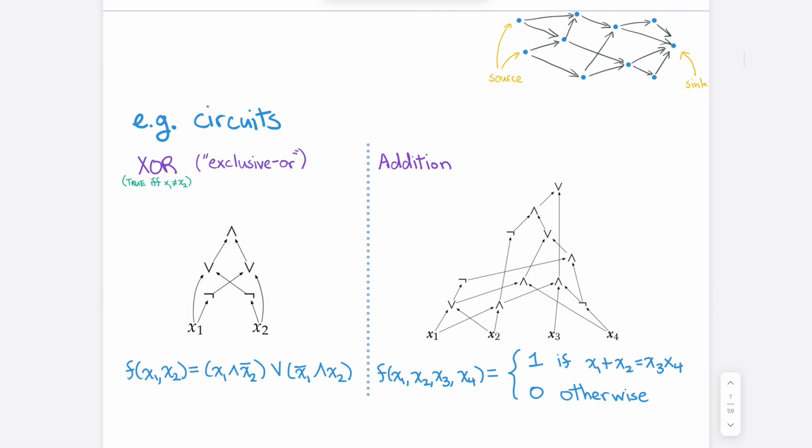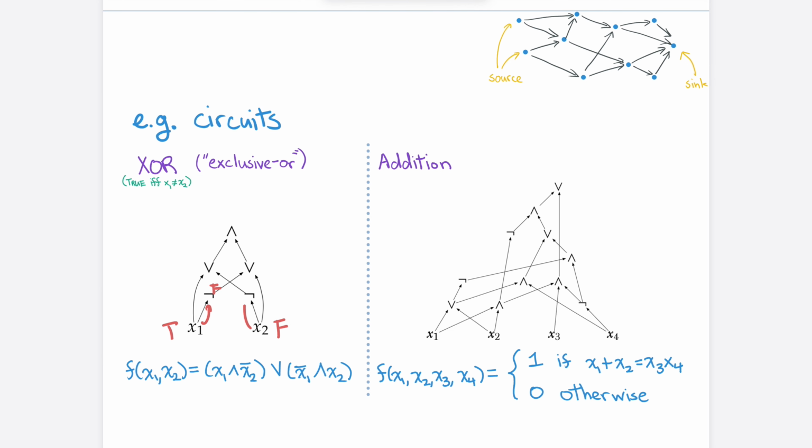A canonical example of directed acyclic graphs is a circuit. Here's two circuits representing some Boolean thing. The idea is, maybe you put true here and false here. These are Boolean variables, and they propagate through the circuit following Boolean logic. So this true goes up here and it becomes a false.